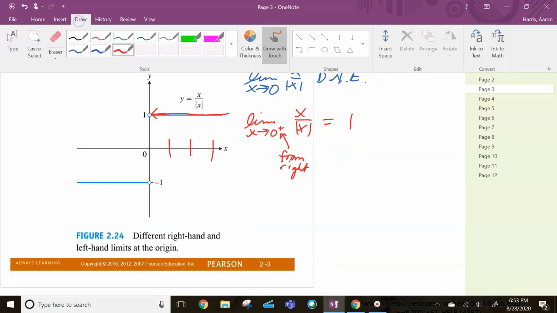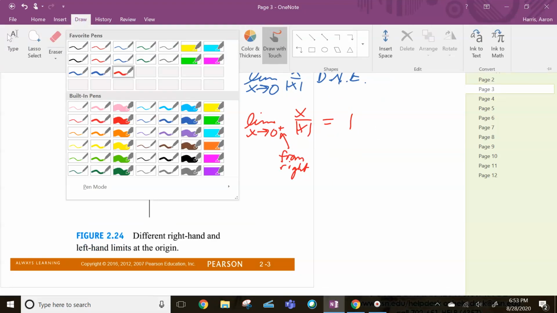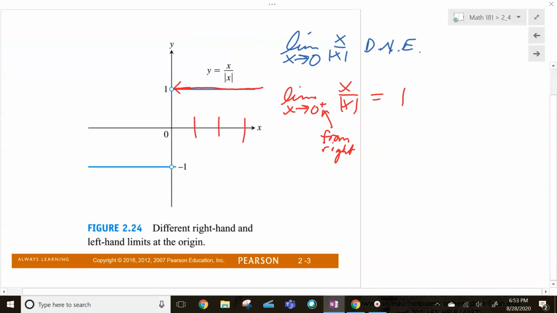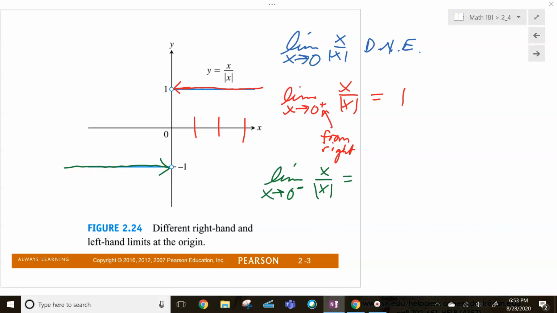Now, from the left-hand side, the limit as x approaches 0 from the left of this function, right, as I follow it from the left, it's approaching that y value of -1. Okay, so we have different right-hand and left-hand limits.